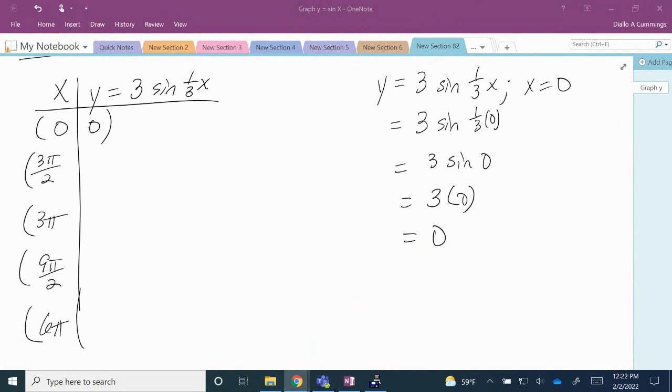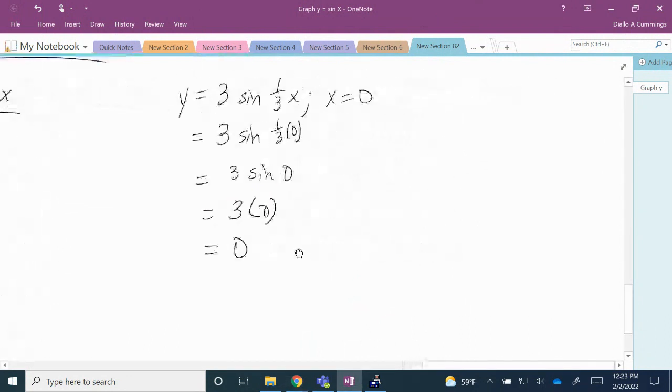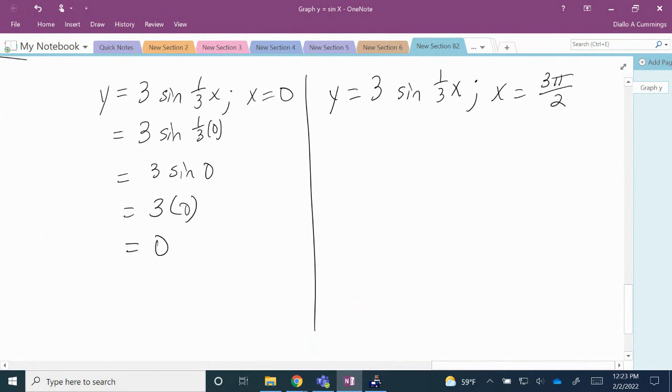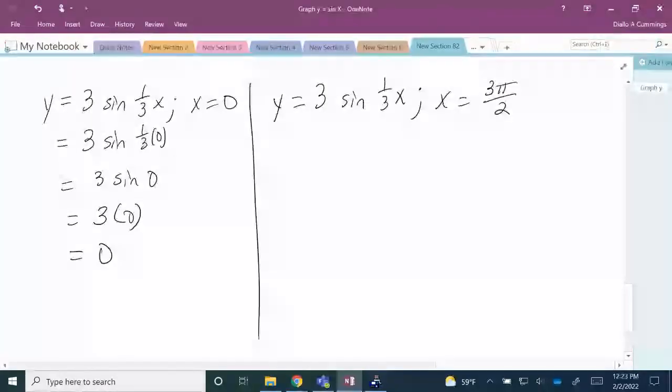Next we're going to complete the next ordered pair. We're going to substitute x for 3 pi over 2. So y is equal to 3 times the sine of 1/3 x, where x is equal to 3 pi over 2.